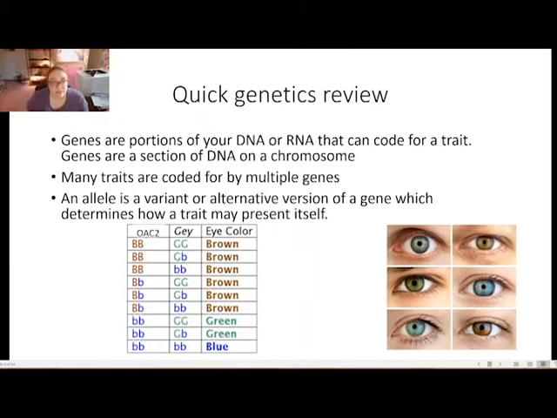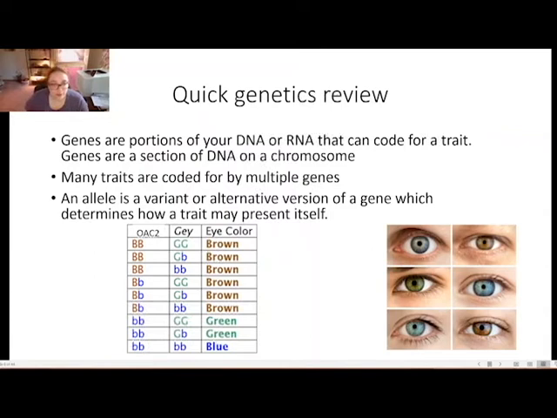So it's not necessarily just one gene that codes for a trait. Then we have alleles, which is a variant or alternative version of a gene, and that determines how a trait might present itself. So in diploid organisms like us, we have 2 sets of chromosomes, one from each parent, and there's 2 copies of each gene.